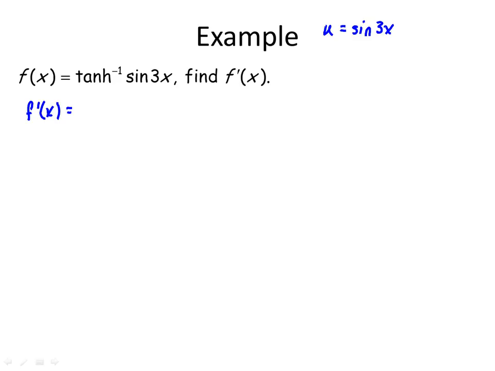Inverse hyperbolic tangent of u is going to be 1 over 1 minus u squared. Well, I have u, so what would u squared be? Sine squared 3x. So that's what you're going to put in here. And then remember, times the derivative of u. What is the derivative of sine 3x?